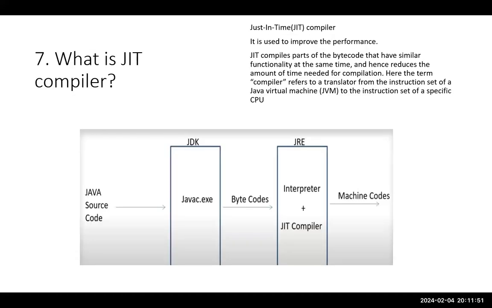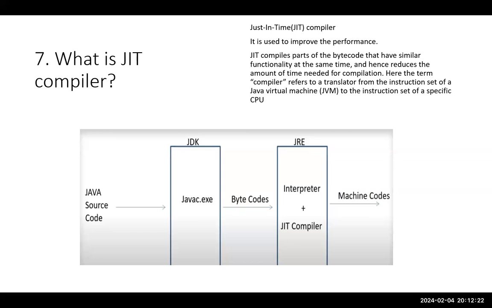Let's go to the JIT compiler. So what is the JIT compiler? JIT is the just-in-time compiler. It is used to improve performance. The source code is compiled by the compiler and converted into bytecode. We just discussed bytecode, and further the JRE will read the bytecode, using the interpreter and the JIT compiler.